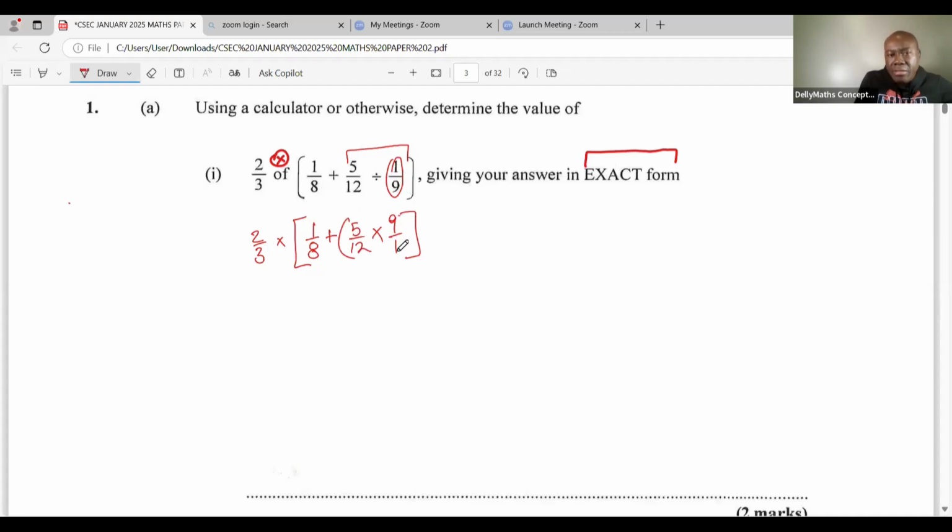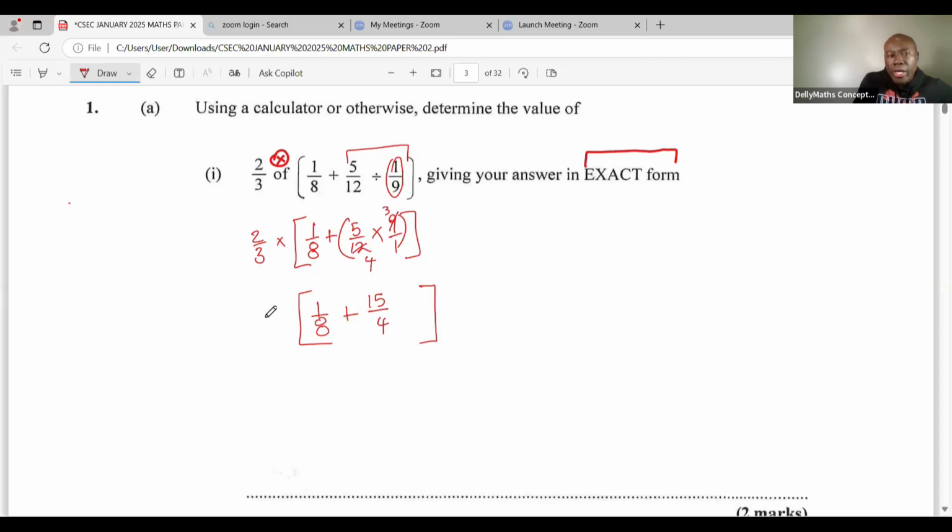We could cancel, because 3 into 9 is 3, and 3 into 12 is 4. We have 1/8 plus 15 over 4. This is what is coming out of the bracket part.